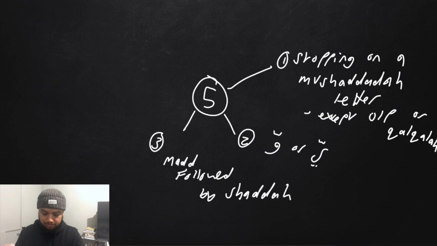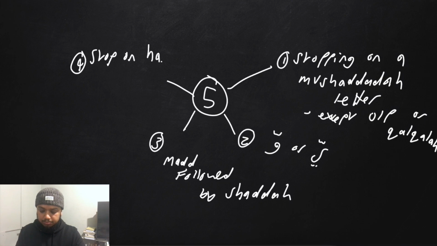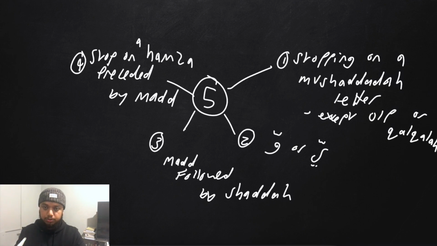Whenever we have mad lazim kalimi muthaqqal, so mad followed by shadda, we do nabr in order to make it clear that there is a shadda letter, in order to make it clear that there are 2 letters as part of the shadda, not 1. We've covered number 4, whenever we stop on hamza. So whenever we stop on a hamza that has mad before it, we do nabr in order to make clear that there is a hamza there.